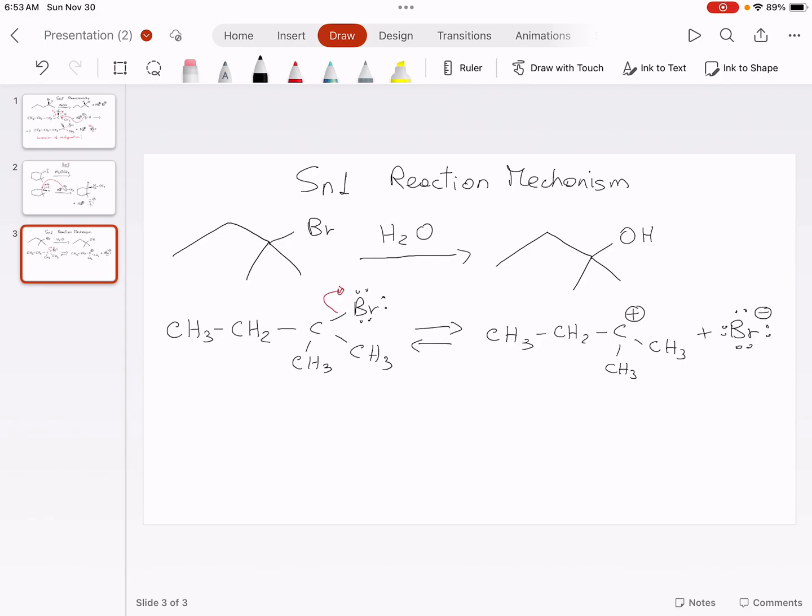In the second step, the carbocation reacts with the nucleophile, which is a weak nucleophile like water. We could also use alcohols. Water is going to attack the carbocation, thus forming a new bond.